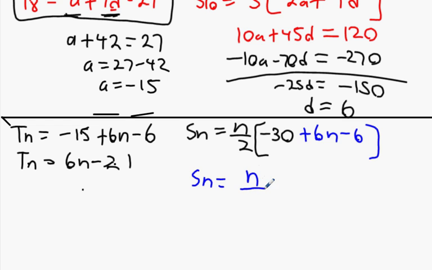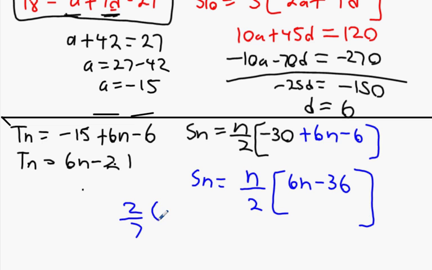n over 2 into 6n minus 36. Now, does anybody remember what I said about a fraction multiplied by a normal number? As in 2 over 7 multiplied by 5. What do you do there? 2 by 5? 10.